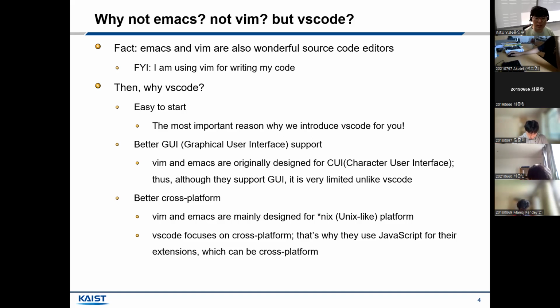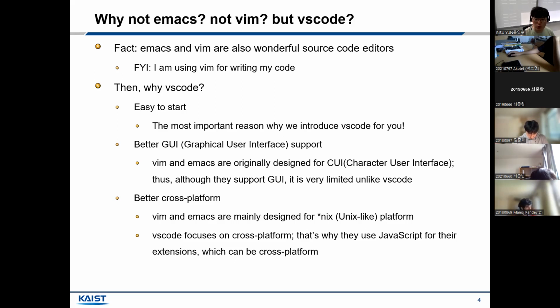And another one is that it has better cross-platform support. Vim and Emacs are mainly designed for Nix platforms, for example, Linux, Unix, and those kinds of Nix platforms. They have some extensions for Windows, but it is not as powerful as when you run these tools on the Nix platform. But VS Code focuses on cross-platform.